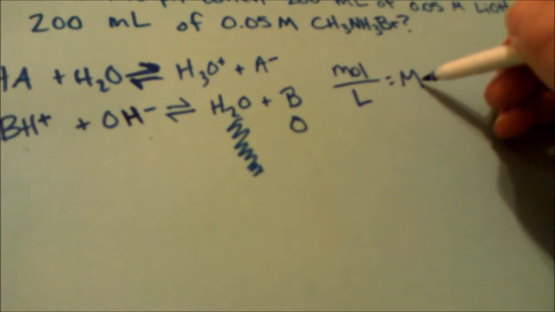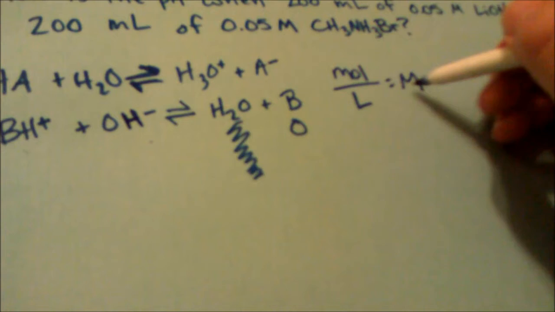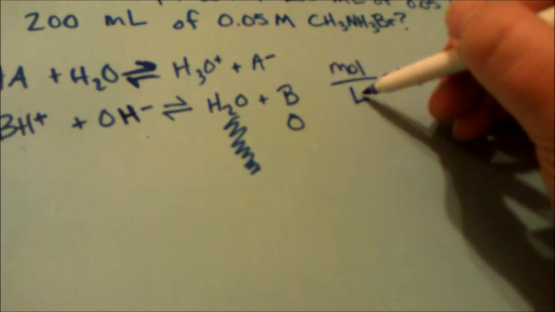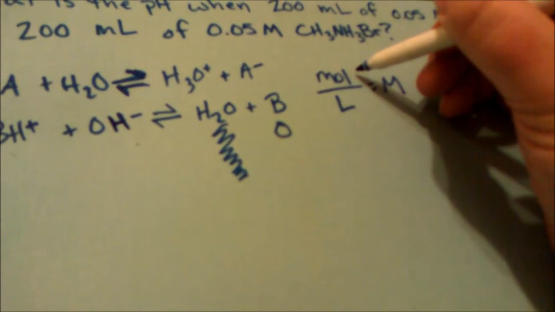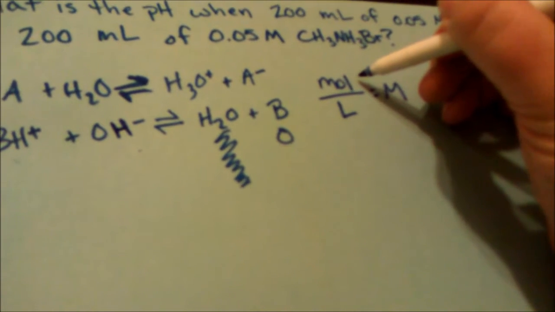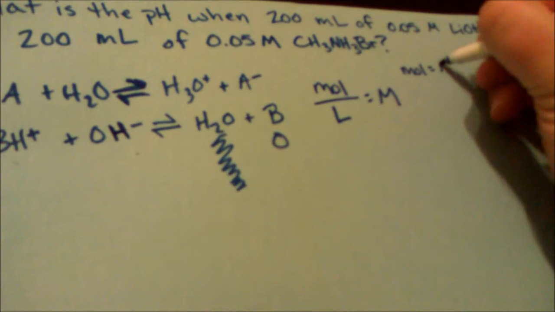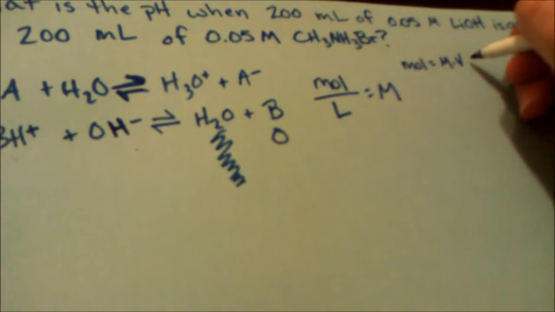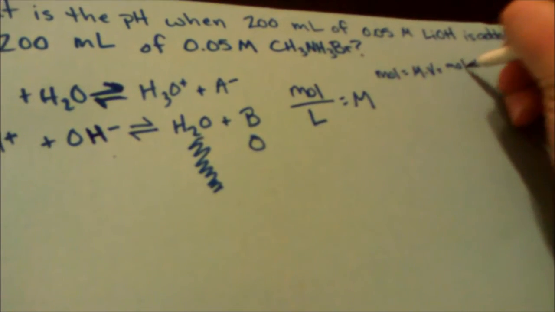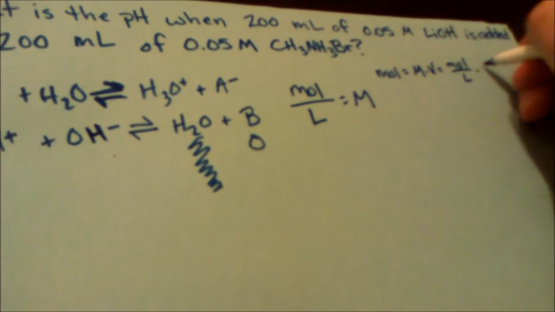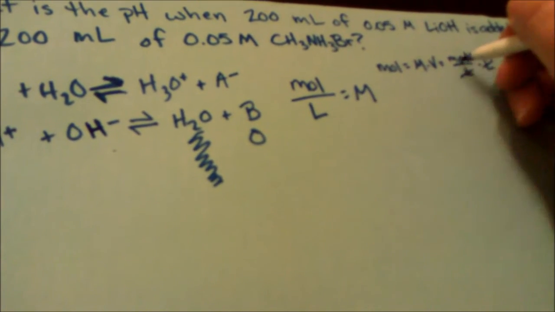And to find this molarity, I need to find my total number of liters and my total number of moles. How do I find those? I know that moles are equal to molarity times volume, because that's the same thing as moles over liters times liters. The liters cancel out, they leave me with moles.